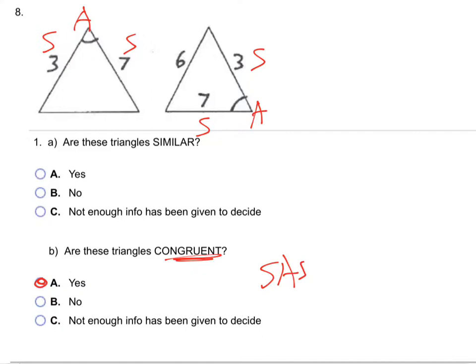Remember all those three-letter combos, except for AAA and the bad word. All the rest, they prove fully identical, don't they? So those two triangles are completely identical. So if they're completely identical, are they similar? Oh, yeah. That's like a weaker condition. If they're fully identical, of course they're similar. Does that make sense?